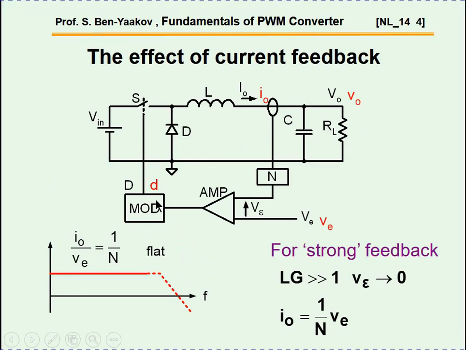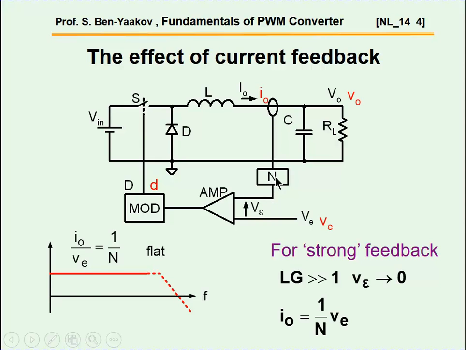So here we have the very concept of current feedback. Here is a buck converter. This is the switcher, the diode, the inductor, the output section, a filter capacitor, plus a resistor that emulates the load. We take a sample of the current, and there is some conversion here which converts the current to a voltage.